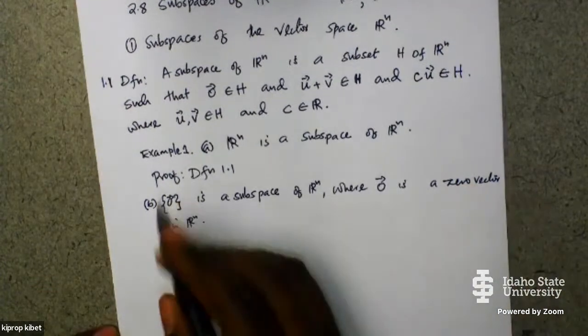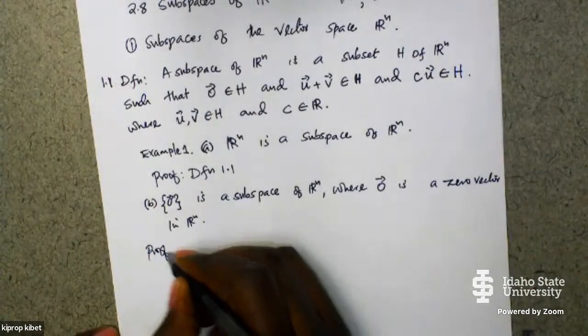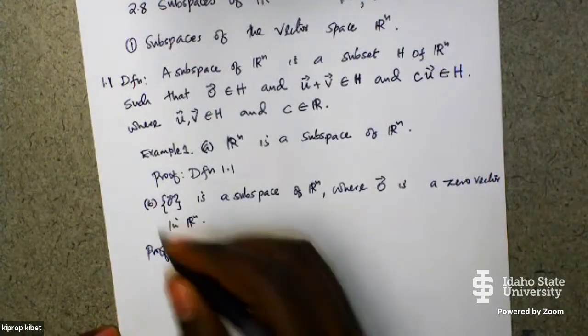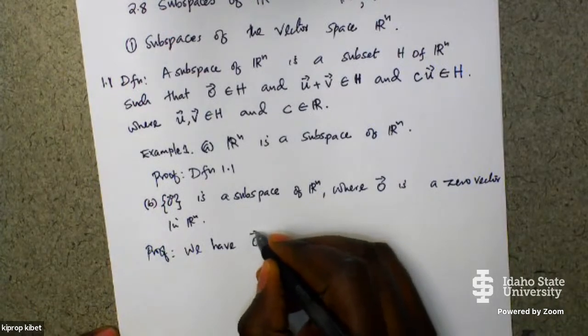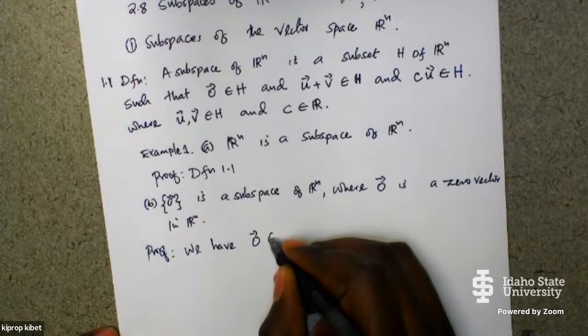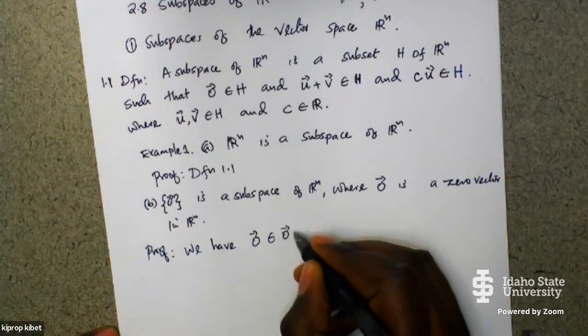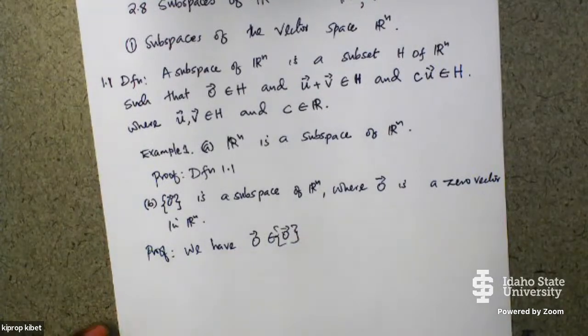So we can prove these. So let's prove. We have the zero vector to be the element of the zero set.